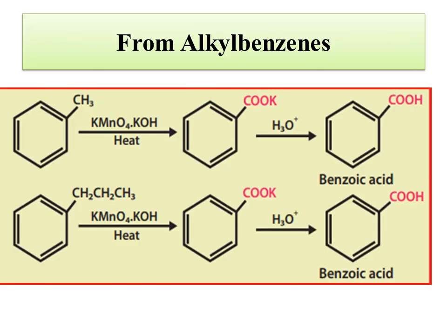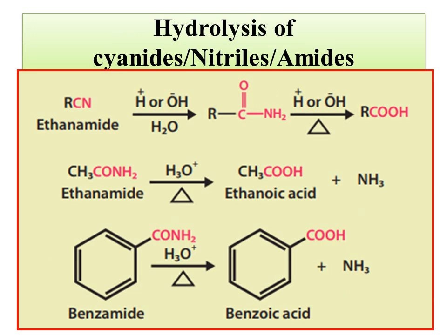Preparation of carboxylic acid from alkyl benzene. Aromatic carboxylic acid preparation is possible through the oxidation of alkyl benzene. Next preparative method is hydrolysis of cyanides, nitriles, amides.